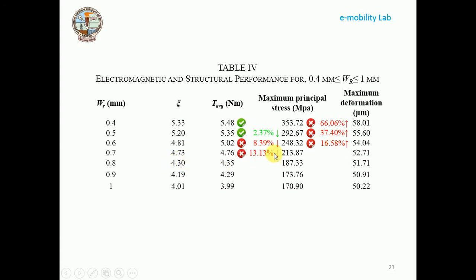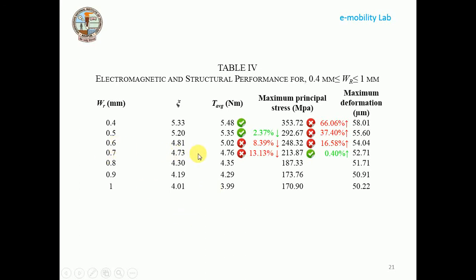For 0.7, we have 13% less torque, which is not acceptable, but we have good mechanical performance, near about the stress limit of the core material. These are all taking a safety factor of 1.5, not the actual values.